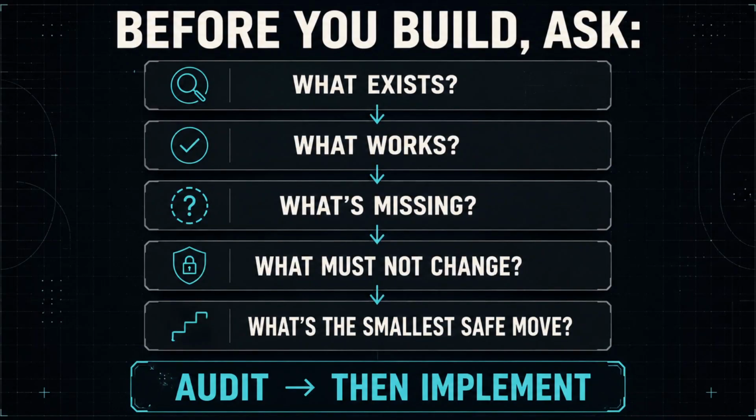And I use 5 simple questions. What already exists? What is working? What is actually missing? What must not change? And what is the smallest safe next move? So let's go through them.